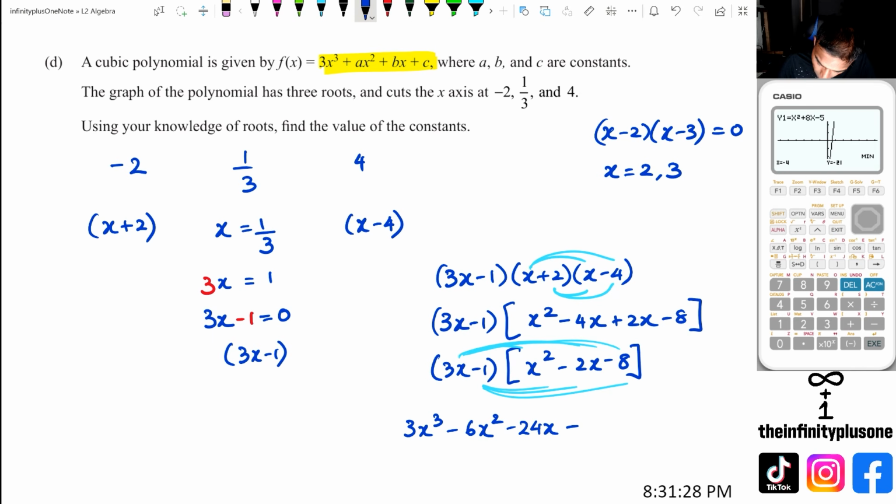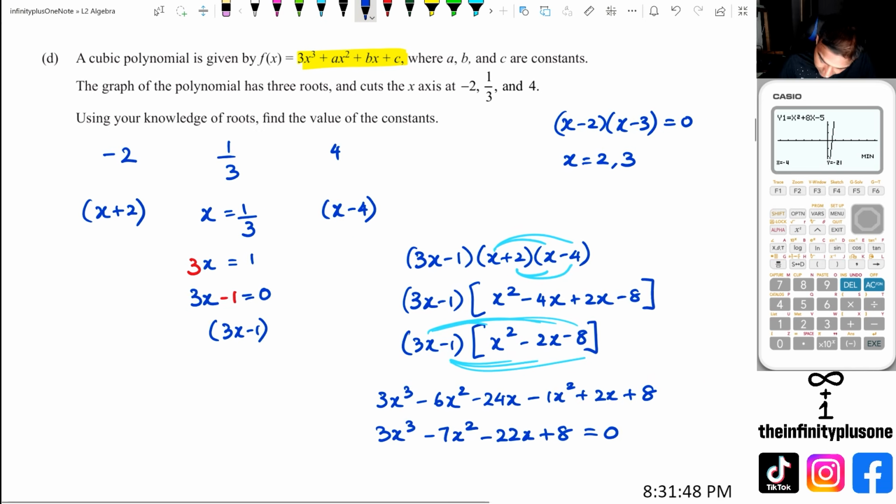Then I've got minus 1 times x squared, plus 2x, plus 8. So I've got 3x cubed minus 7x squared minus 22x plus 8 equals 0.